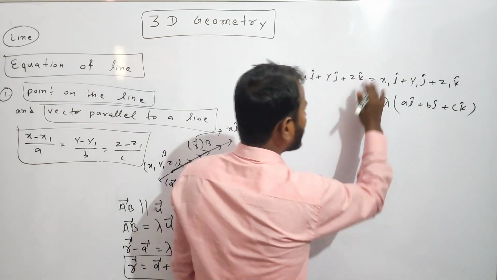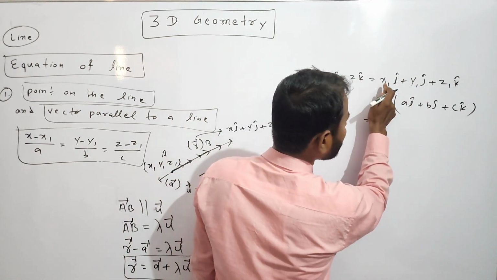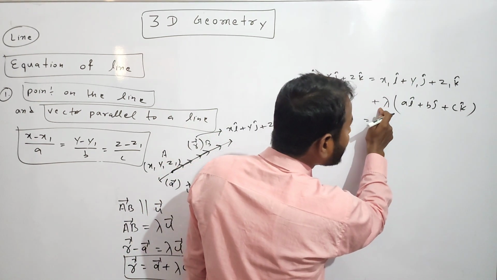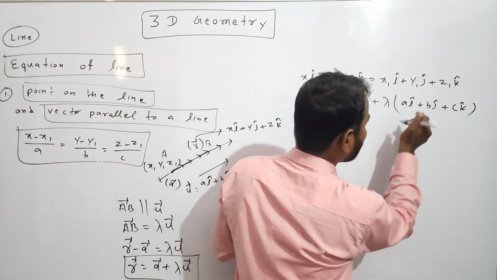Now rearrange this equation. So we can write x1 i cap plus lambda times a i cap. So take i cap common.